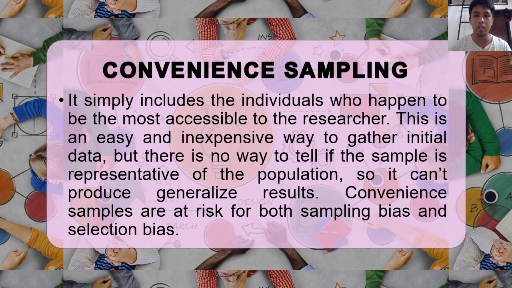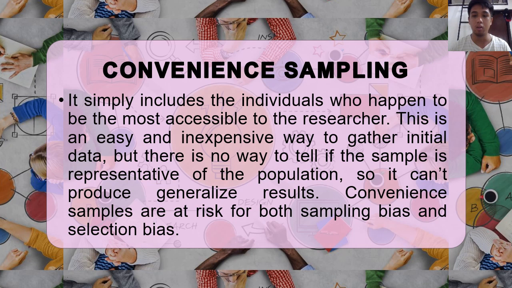Next is the convenience sampling. So convenience sampling simply includes the individuals who happen to be the most accessible to the researcher. This is an easy and inexpensive way to gather initial data, but there is no way to tell if the sample is representative of the population.